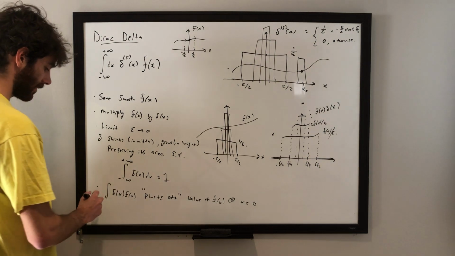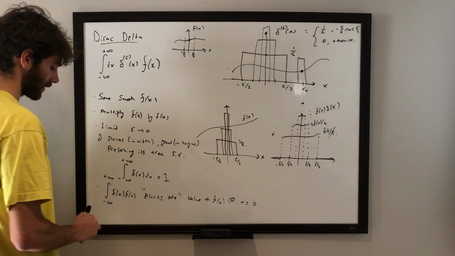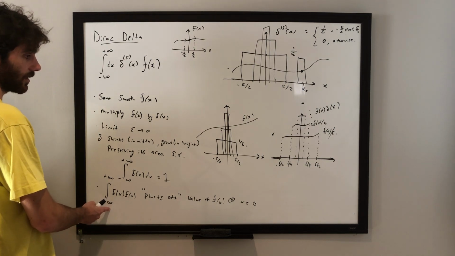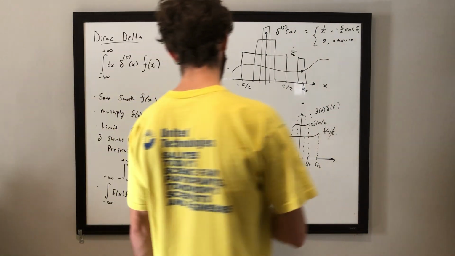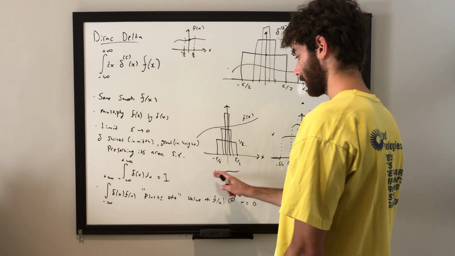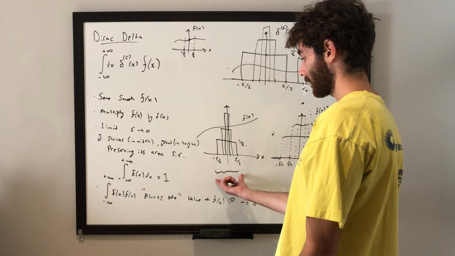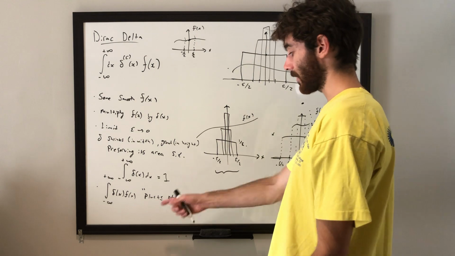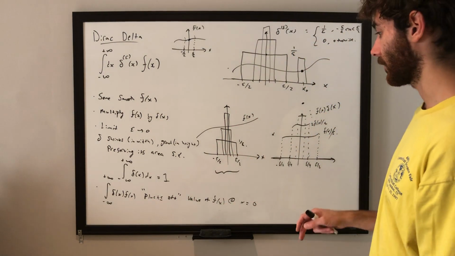And I might add that the limits plus or minus infinity will always work, but actually the limits only need to contain the width of the delta function. So if I only integrated from minus epsilon over 2 to epsilon over 2, because it's 0 outside anyways, I'm fine. So basically the bounds just have to contain the location of the delta function.